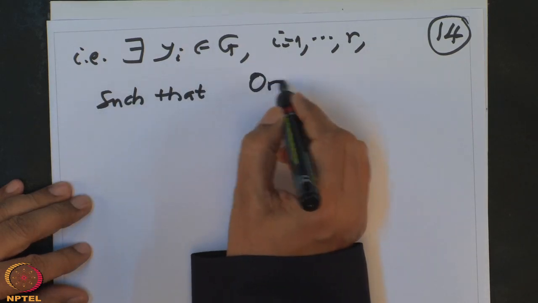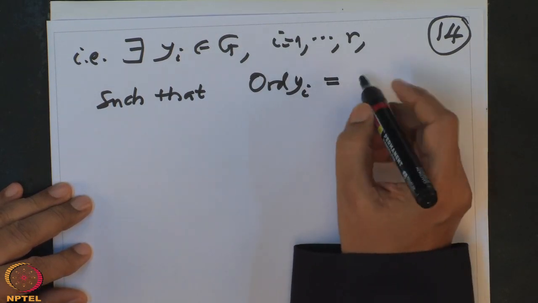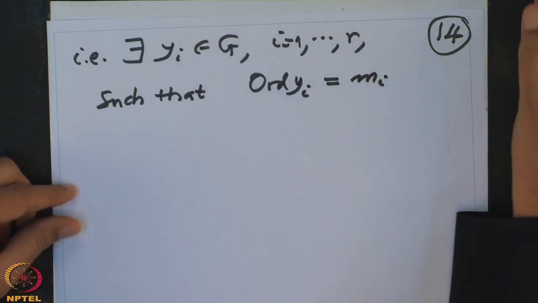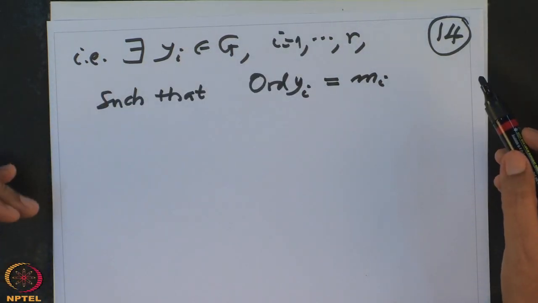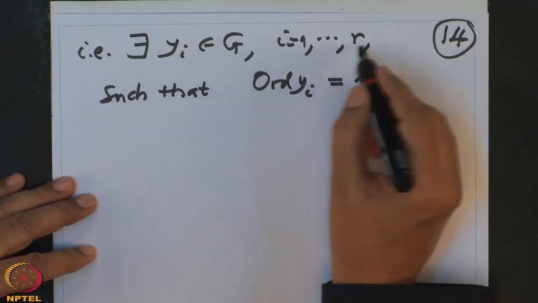The order of yi is precisely mi, because yi power mi is 1 and yi power mi by pi is not 1. This is true for every i from 1 to r.